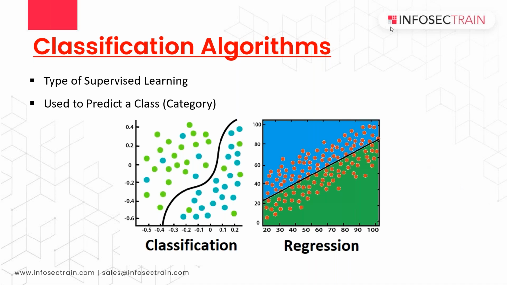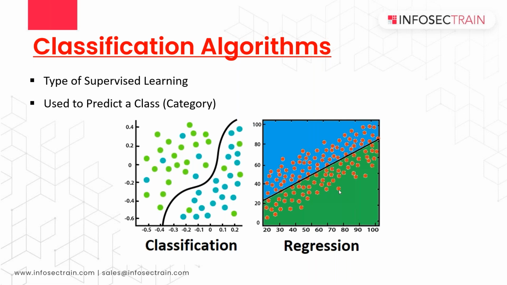Basically, the difference between classification and regression: suppose we have the data. In regression, our main goal is to predict numerical values for our upcoming data, or just predict future values, right?